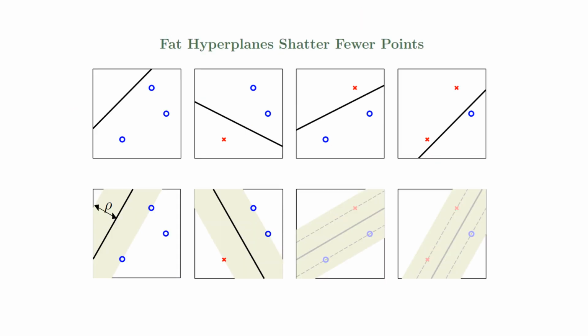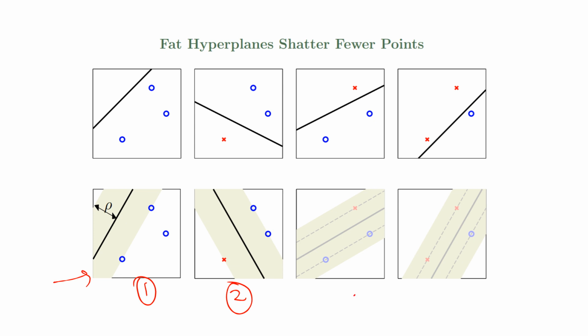Okay, so let me show you another picture here, the exact same data, but this yellow thing is essentially the hyperplane, and this is the rho, which is my width, right? And if we look at this picture, the first 2 dichotomies, number 1 and number 2, can still be separated by this fat or thick hyperplane.